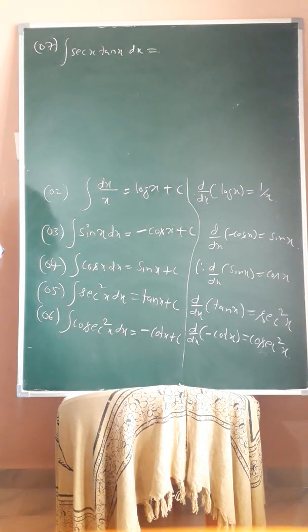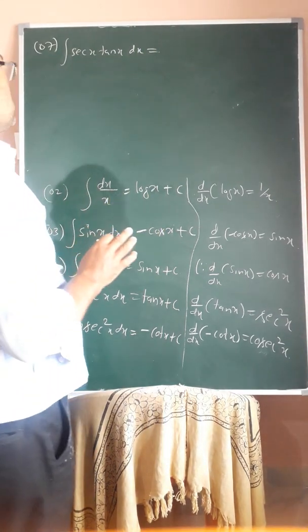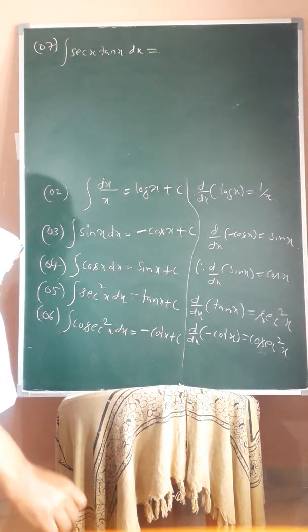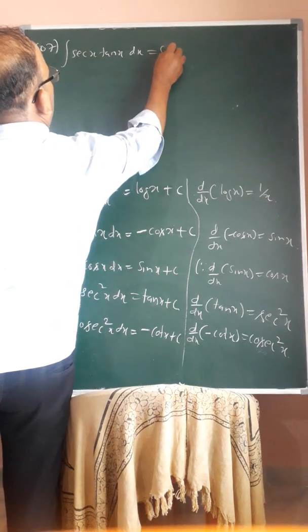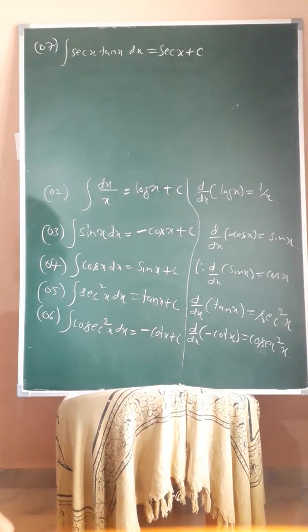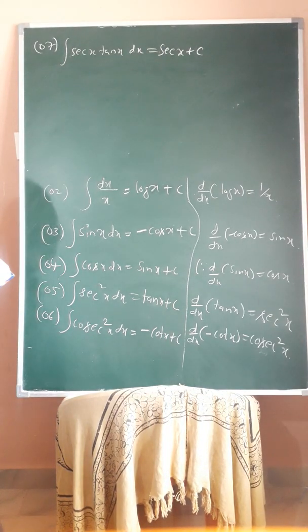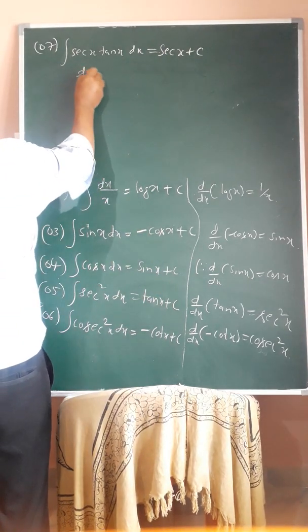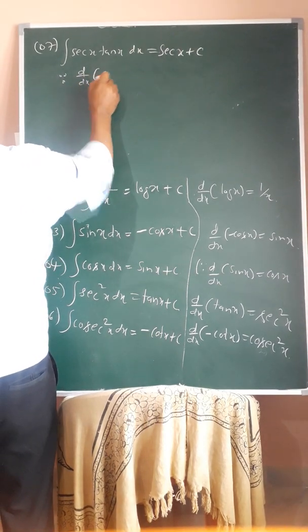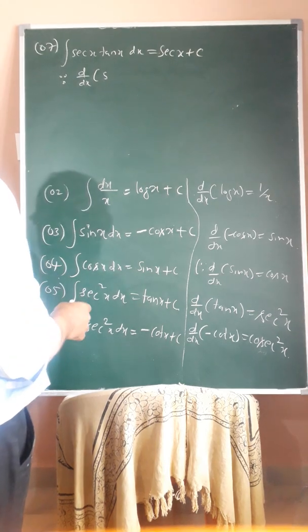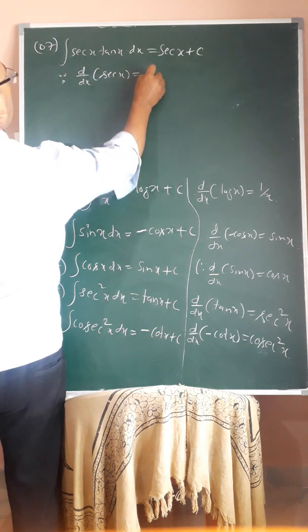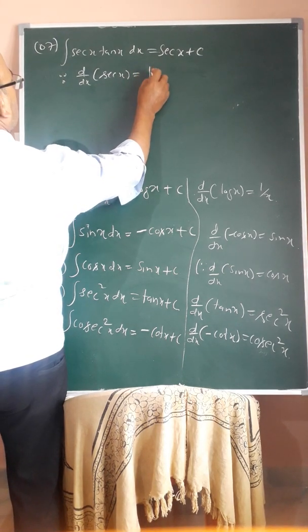Integration of secant x tan x will give you secant x plus c. The reason: d by dx of secant x is equal to secant x tan x.